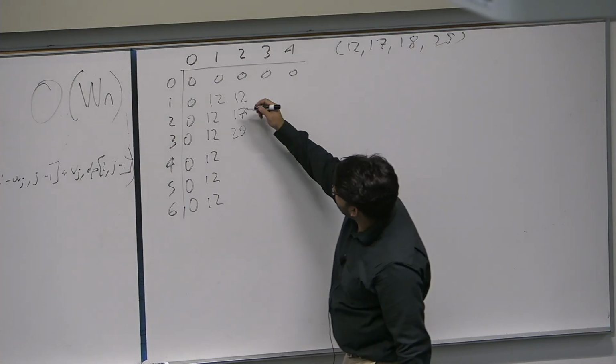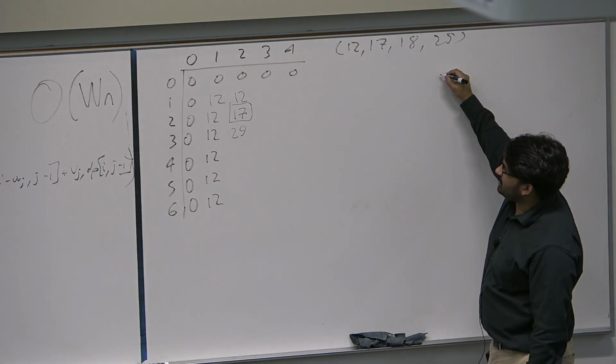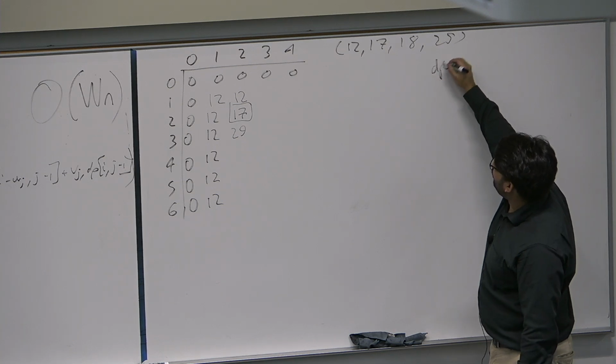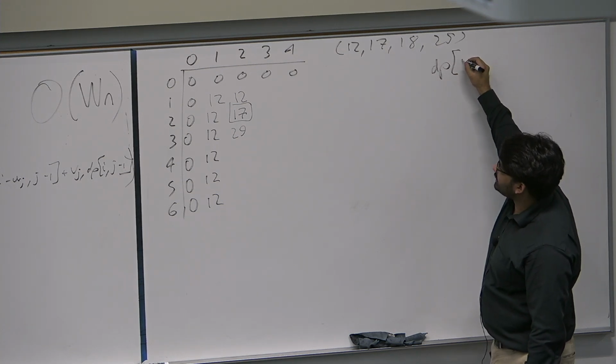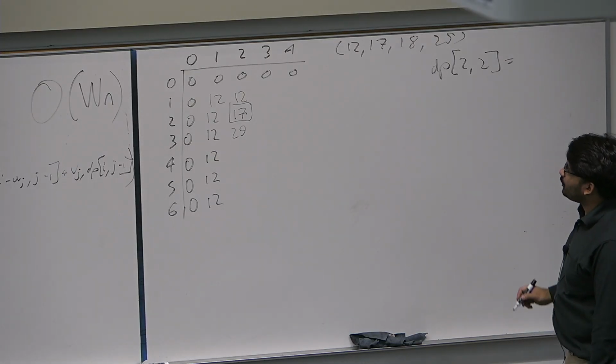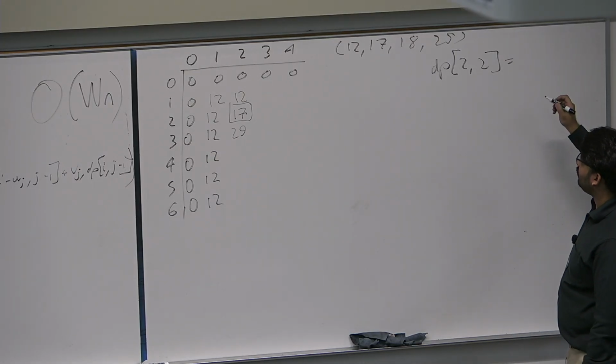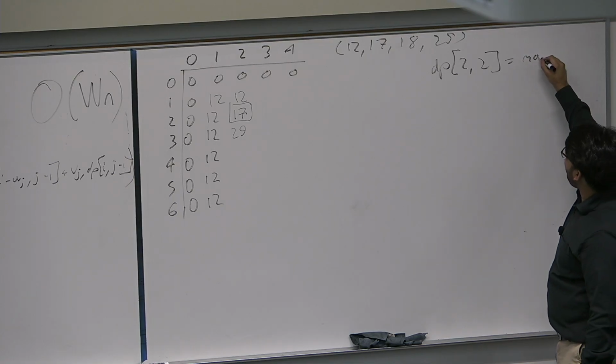Just to illustrate, what cell of the table is that? That's going to be dp of the capacity, 2, and we're only considering items 1 and 2, right? So we're comparing with what two cells? We're comparing whether or not we chose item 2, and we take the max of 2 options.